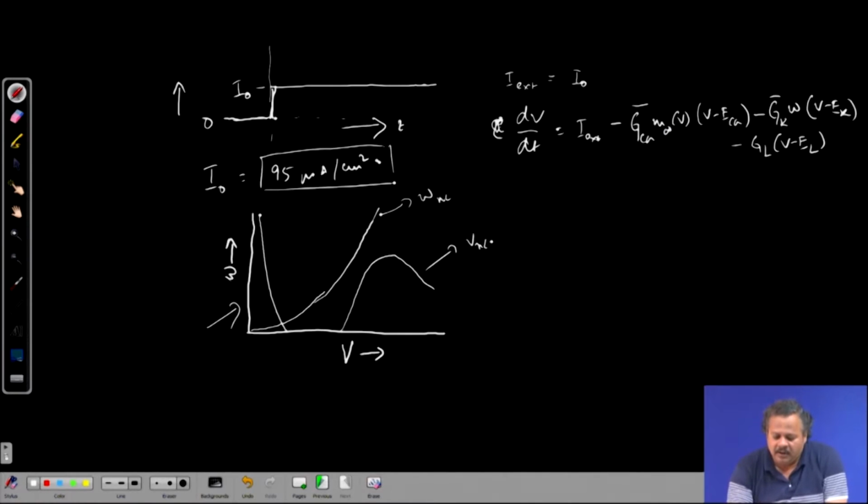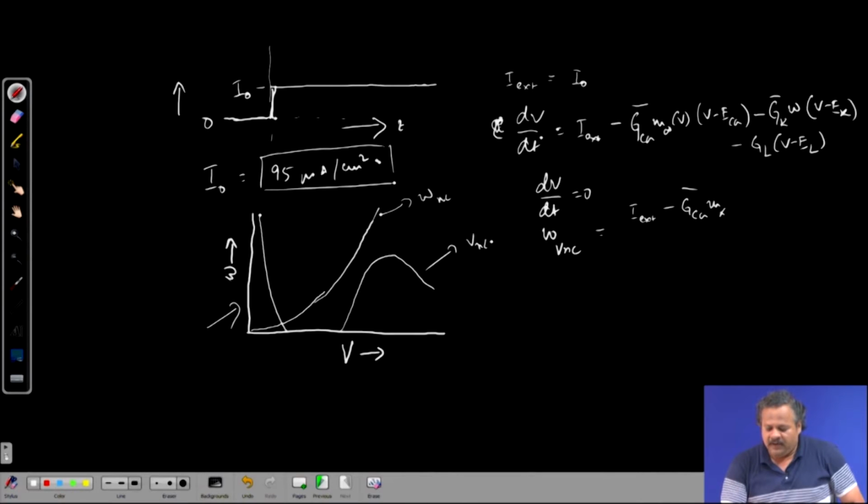Now we have dV/dt equals 0, and by replacing this dV/dt by 0 and equating the rest to 0, we will see the W nullcline value turns out to be I external minus the G calcium term with M infinity V minus E calcium minus G leak V minus E leak, divided by our GK bar V minus EK.